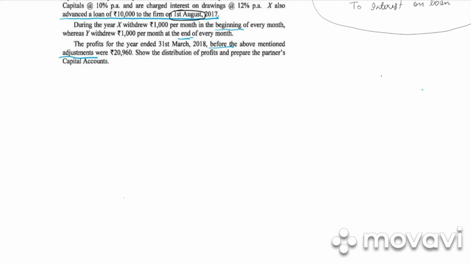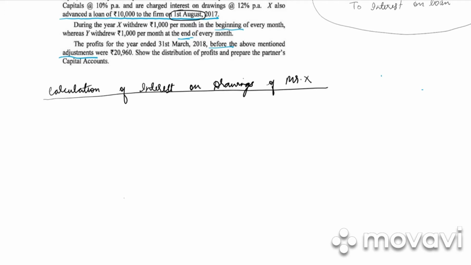Next, they have also given us drawings, that is 1,000 per month at the beginning and end of the month. So we need to calculate the interest on drawings for both X and Y. So write down calculation of interest on drawings of Mr. X. First we need to find out the average period.